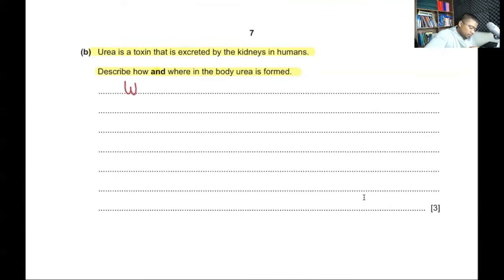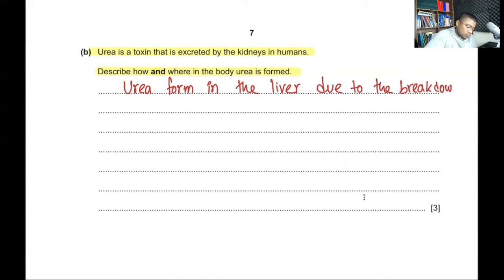Guys, urea forms in the liver, due to the breakdown of excess amino acids by deamination.